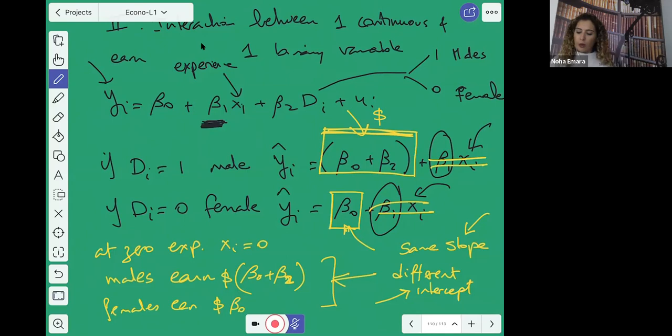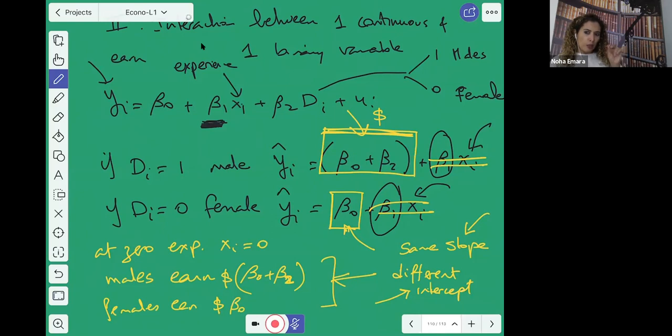Now, what if I want to have a model that would show me something more realistic? I want a model that would show me that an additional year of experience implies a different amount of earning depending on the gender type.